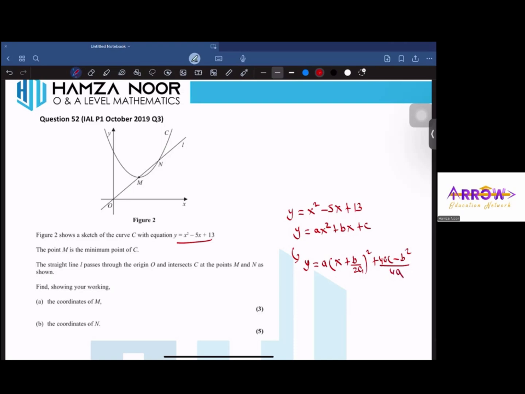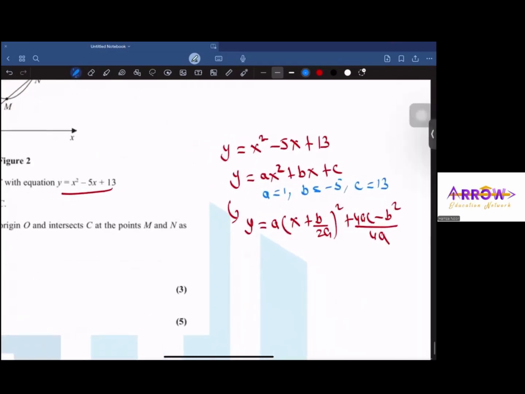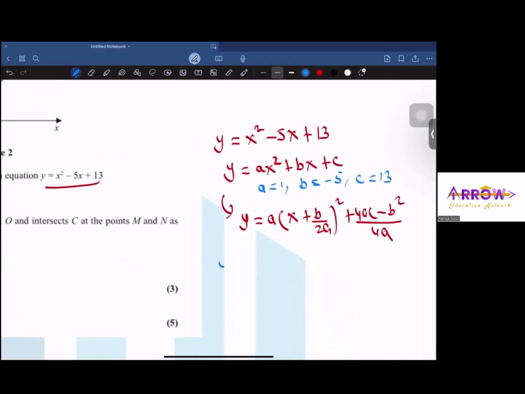All right. So we are going to substitute the values of a, b, and c over here. As we can see, a is 1, b is minus 5, and c is equal to 13. So we just put this into the formula. y equals 1 times (x plus minus 5 divided by 2 times 1) whole squared plus (4 into 1 into 13 minus 5 squared) divided by 4 times 1.